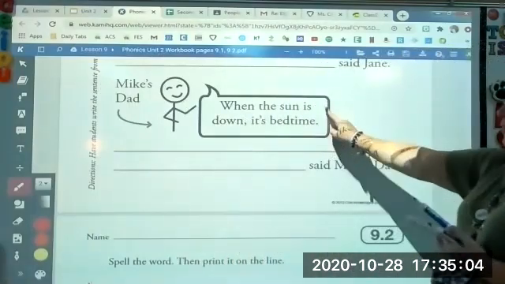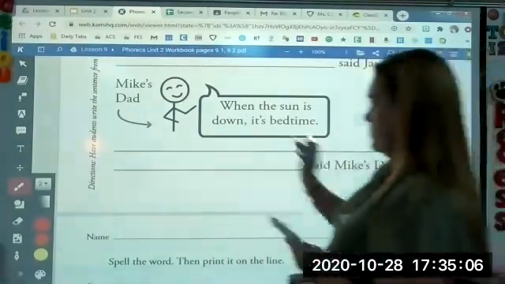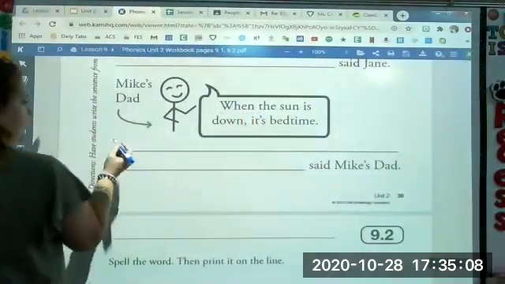The next one is, "When the sun is down, it's bedtime." This is what his dad said. So we need to put quotation marks.